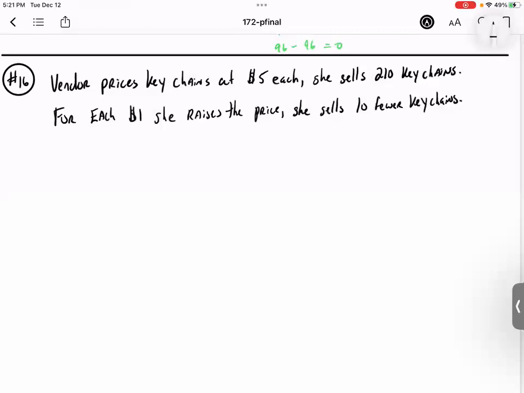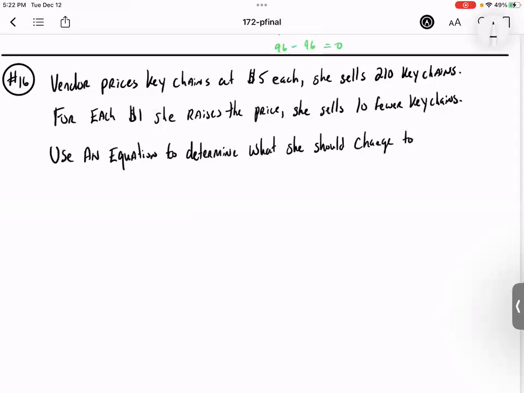For each $1 she raises the price, she sells 10 fewer keychains. What we want to do here is use an equation to determine what she should charge to maximize her revenue from sales.